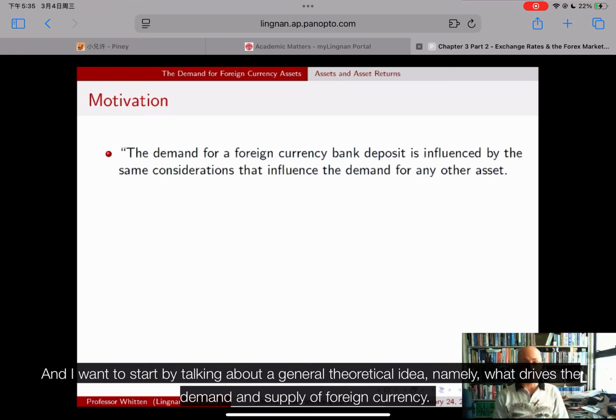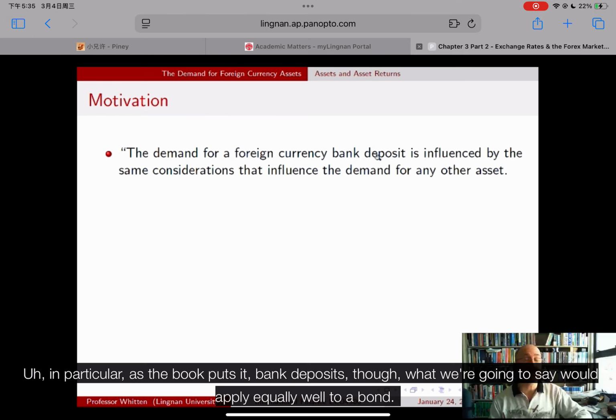And I want to start by talking about a general theoretical idea, namely what drives the demand and supply of foreign currency. In particular, as the book puts it, bank deposits, though what we're going to say would apply equally well to a bond.